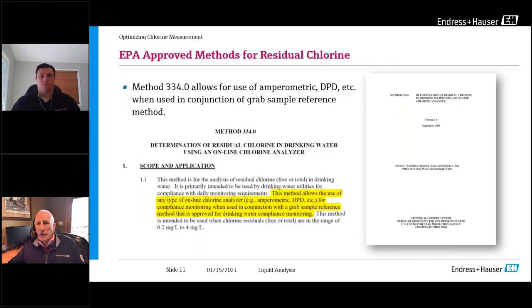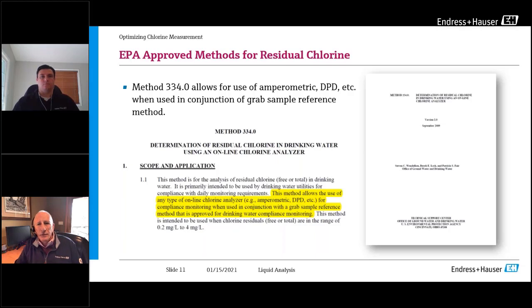So one of the questions we most commonly get from people when we talk about residual or free residual chlorine measurement is, is it an approved method? Does the EPA accept an amperometric measurement, which is what we're going to be talking about here today, as a methodology to measure free residual chlorine in water?